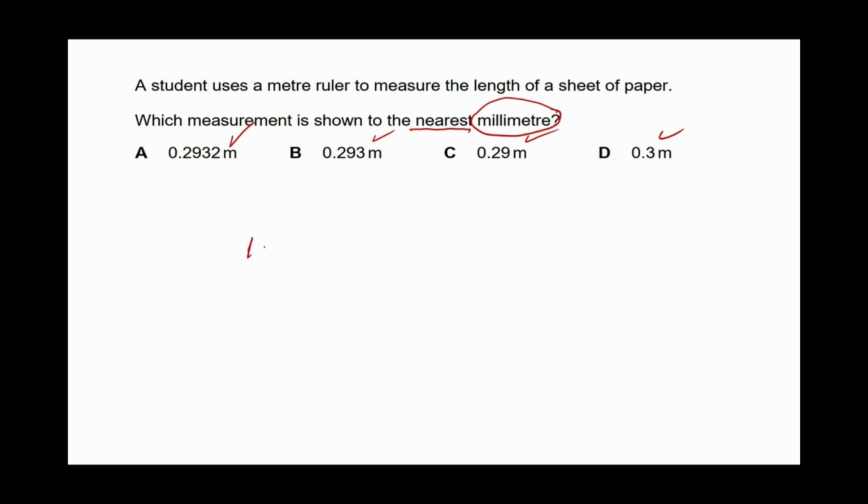Look at this. 1 millimeter equals 0.001 meter. So we have here, the first one is 4 decimal, the second one is 3. Letter C is 2, letter D is only 1. So the answer is B. We have here 3 decimal digits.